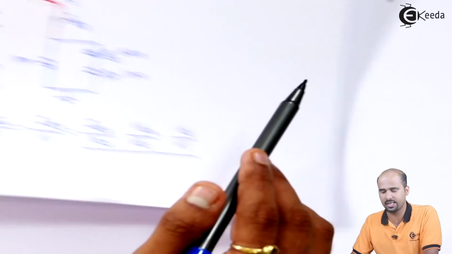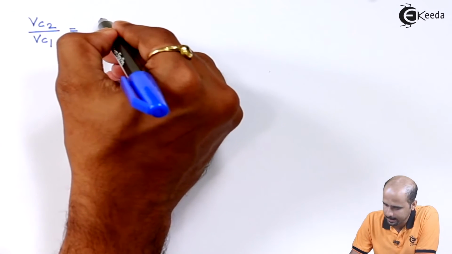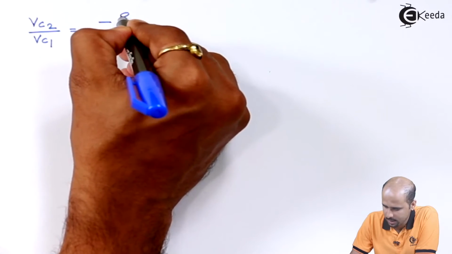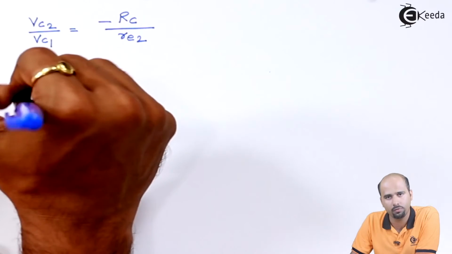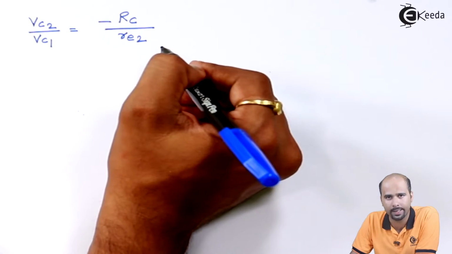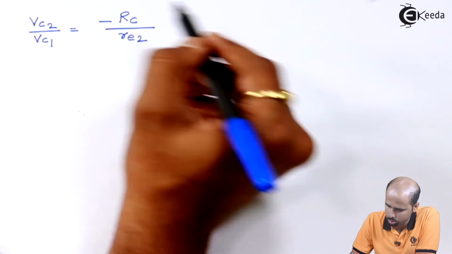I can easily say that it's nothing but the output resistance along with the load resistance in parallel combination divided by the respective re value, that is re2. Okay, I can say that this is nothing but minus RC divided by re2. We all know re2 is nothing but 26 ohm, right?